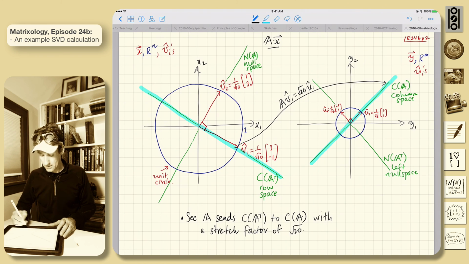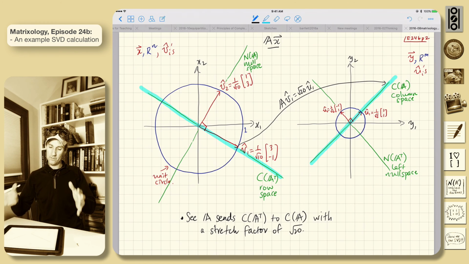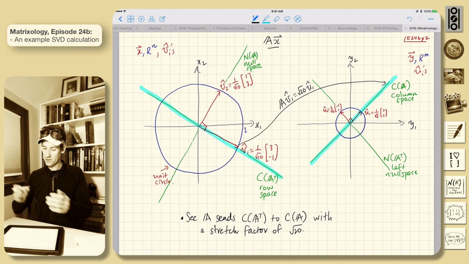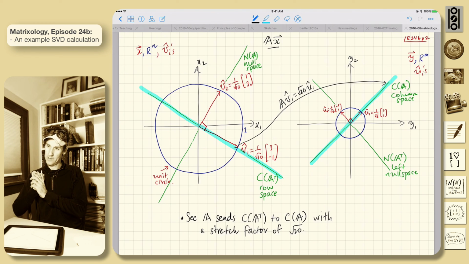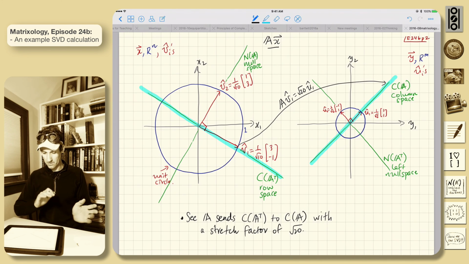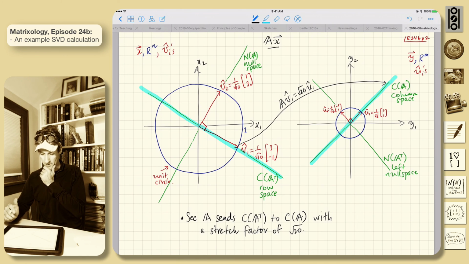Now, the rotations and so on are all encoded in the basis transformations. But a line in 2 dimensions gets sent to another line in 2 dimensions. In general, a matrix will send an r-dimensional subspace to an r-dimensional subspace, and you can go back and forth between them. Whatever's left over is left null space and right null space.